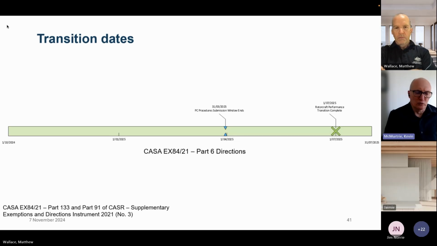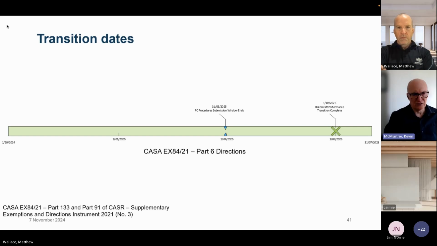Each operator will receive written communications from us relating to your submission status. Based upon when we've received it, you'll get an acknowledgement email. And also, if we require any more information, you'll get additional communications.